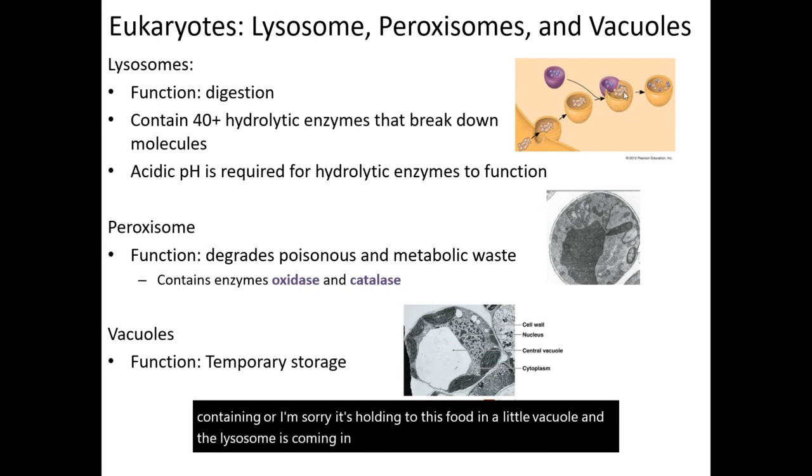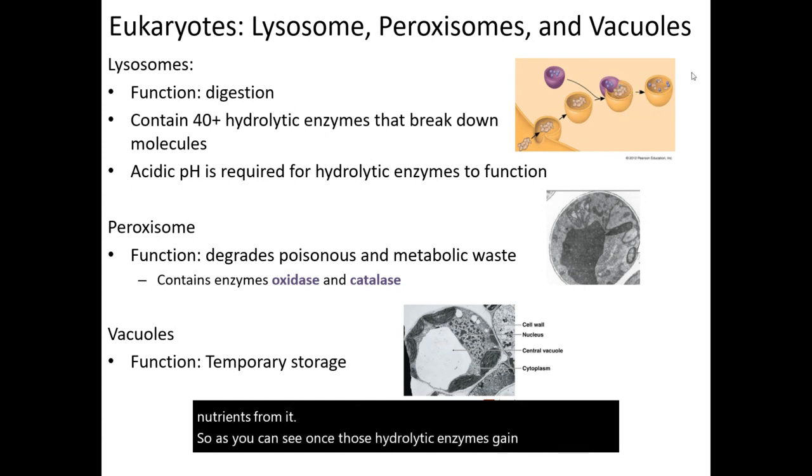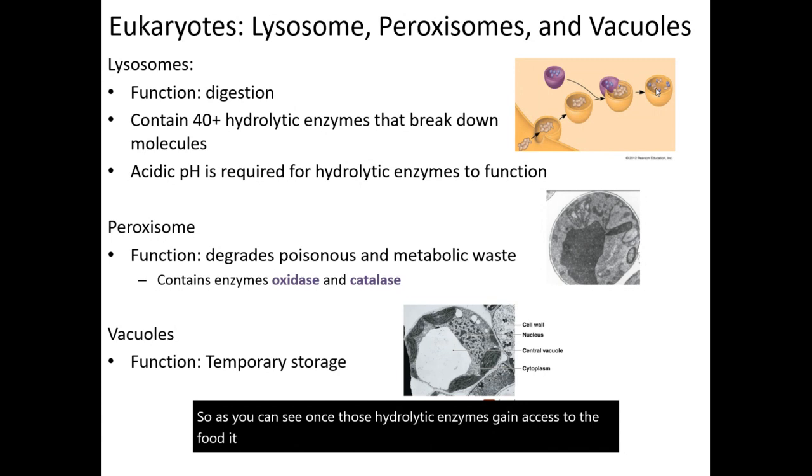It's going to fuse with this vacuole and expose those little blue hydrolytic enzymes to the food, because it's going to break down that food into little pieces and extrapolate nutrients from it. So as you can see, once those hydrolytic enzymes gain access to the food, it breaks it down, and then the cell can use it as it needs.